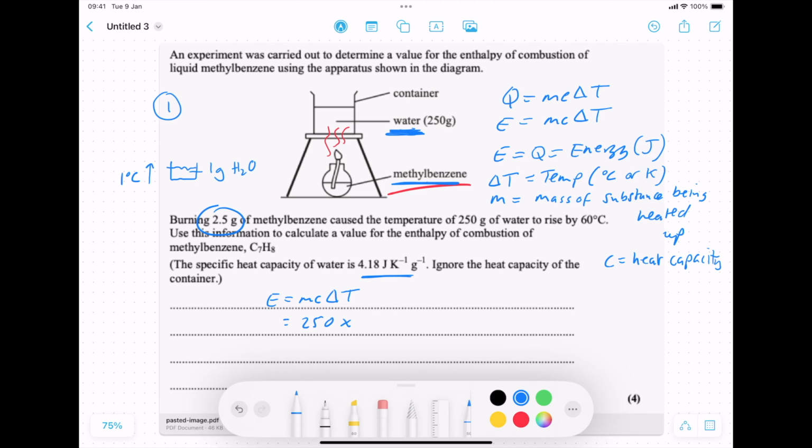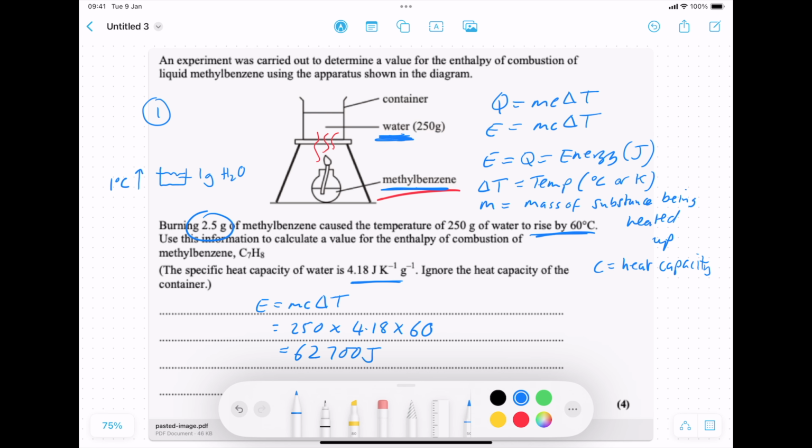We need that for something later on. Remember, it's the substance that's being heated up, not the substance being burnt. So 250 times 4.18 times the temperature change, which it tells us there is 60. If we put that into the calculator, that is the energy supplied to the water during that combustion reaction. That's the energy.